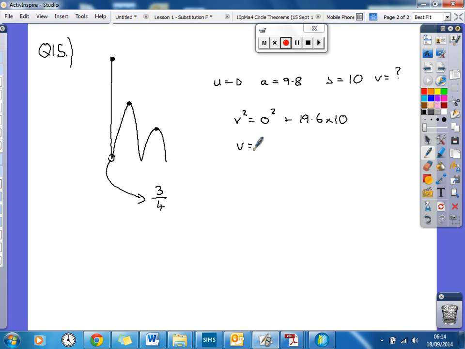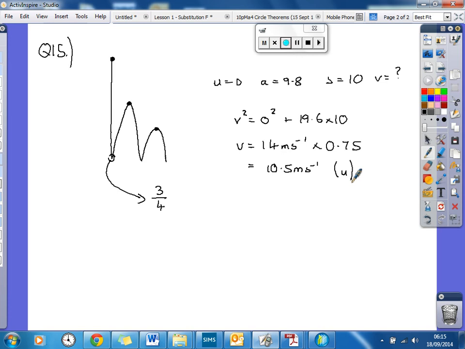You end up with v being 14. So that's the speed at which it hits the ground. Then the speed with which it bounces back up is equal to 10.5. And that is my new u.